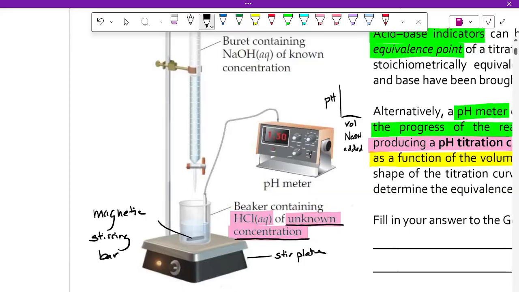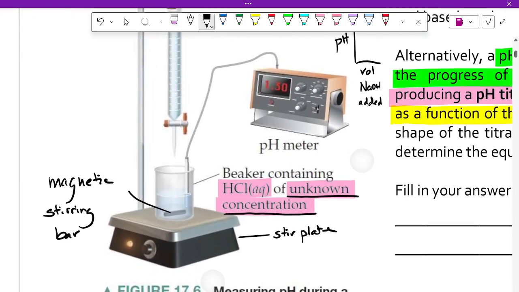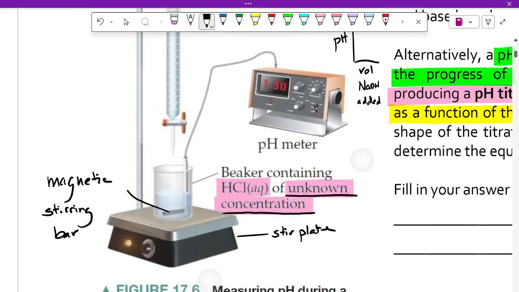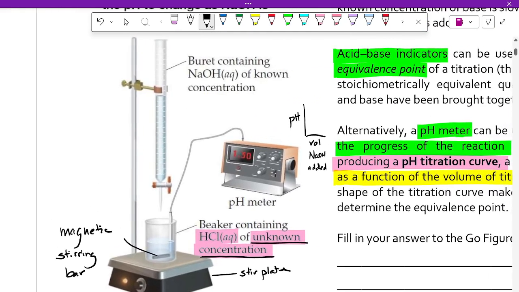What do we call that big long tube? That is called a burette. Okay, that is our burette. And it contains NaOH, and the NaOH has the known concentration. What do we call the solution that has the known concentration?